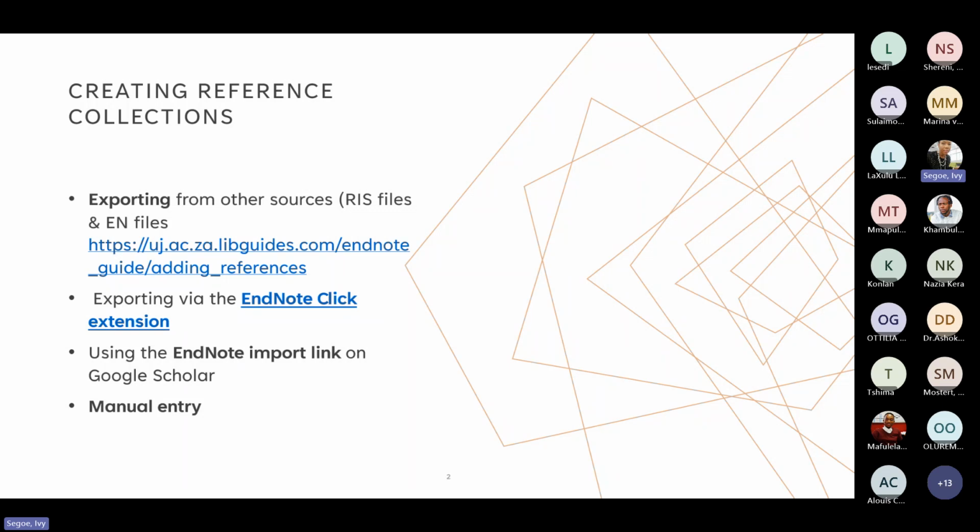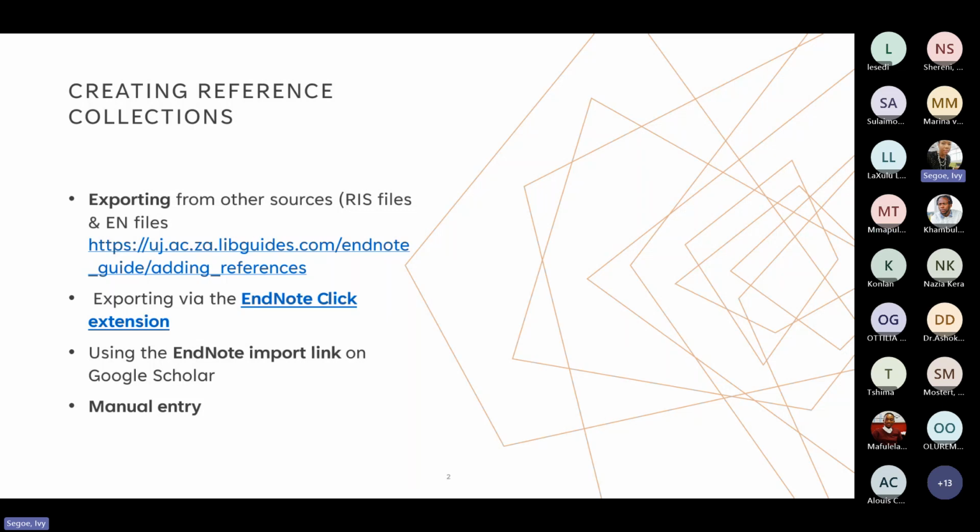So with creating reference collections, what we are referring to is the process of just saving your references on EndNote. So we tend to refer to this as creating reference collections because one of the features of EndNote, like all the other reference managers really, is that you can organize your references.